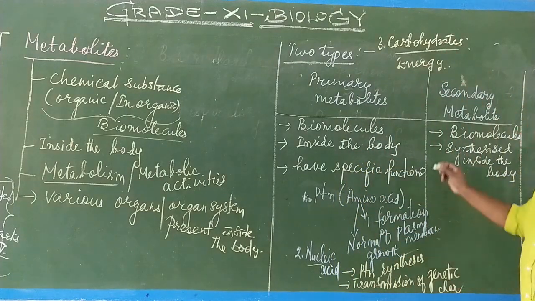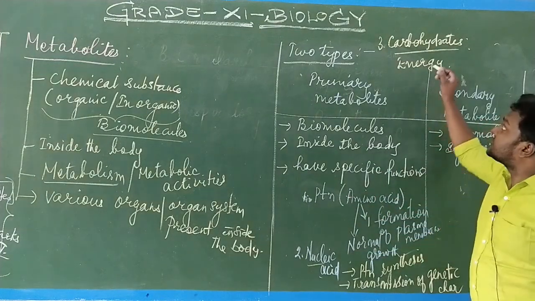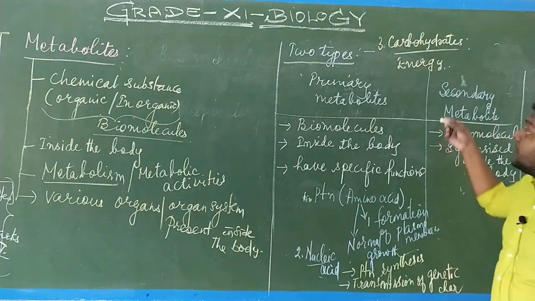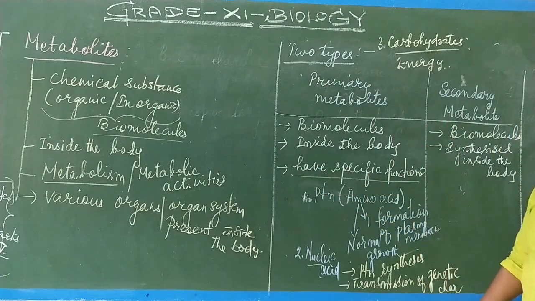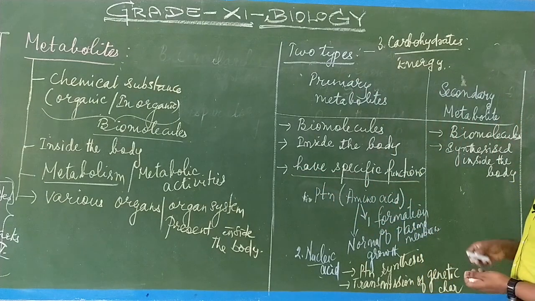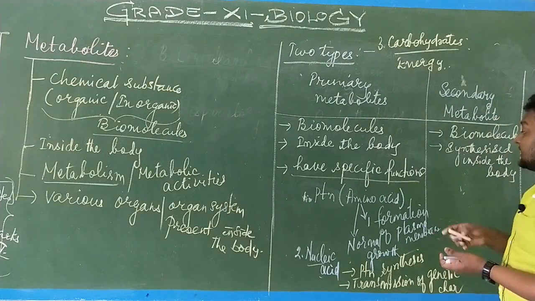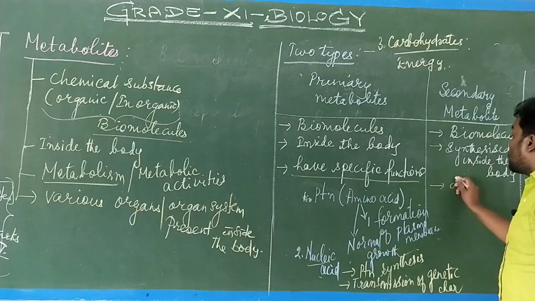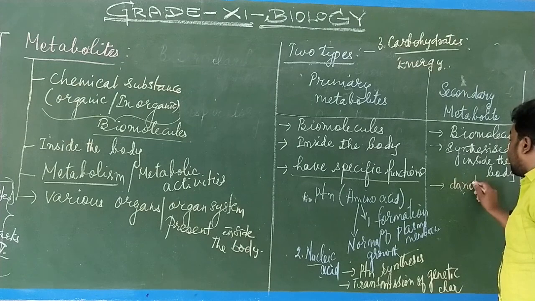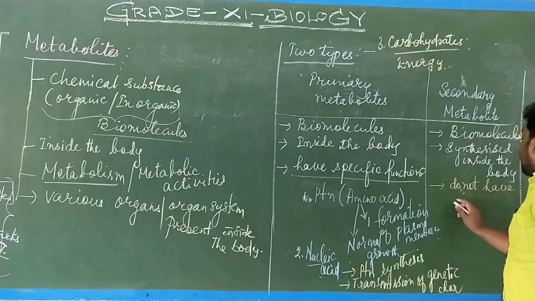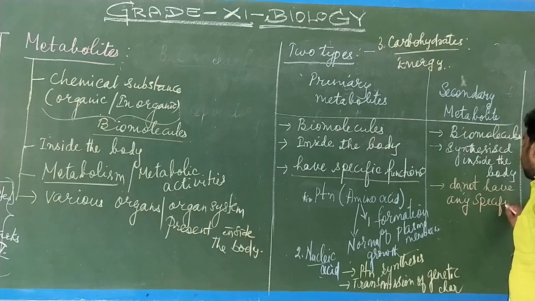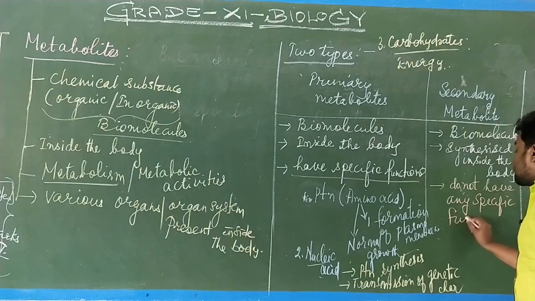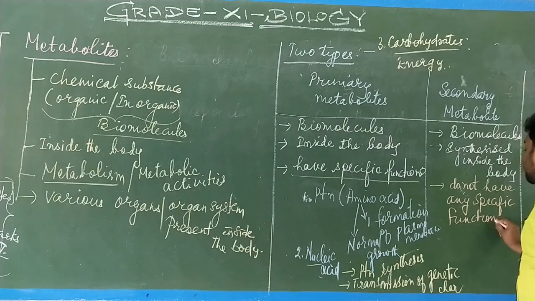So proteins, nucleic acids, carbohydrates, all of these are primary metabolites which have specific functions inside the body. But when you take the secondary metabolites, these secondary metabolites do not have any specific function inside the living organism.